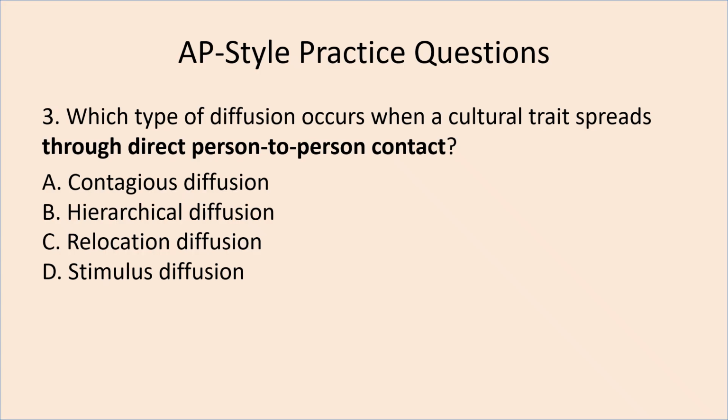Question number 3. Which type of diffusion occurs when a cultural trait spreads through direct person-to-person contact? Is it A, contagious diffusion, B, hierarchical diffusion, C, relocation diffusion, or D, stimulus diffusion?